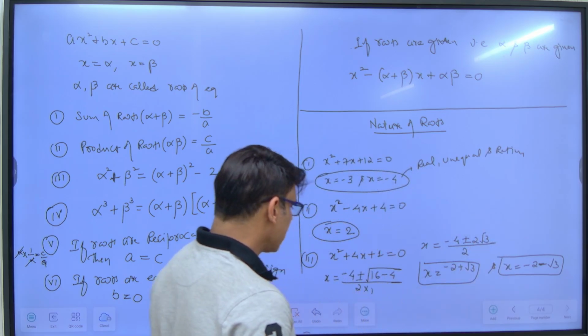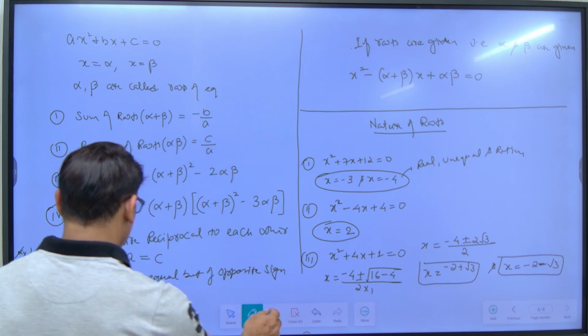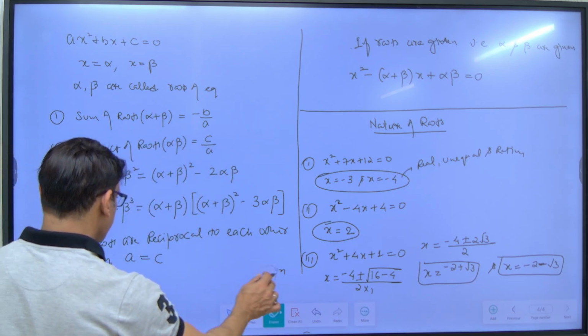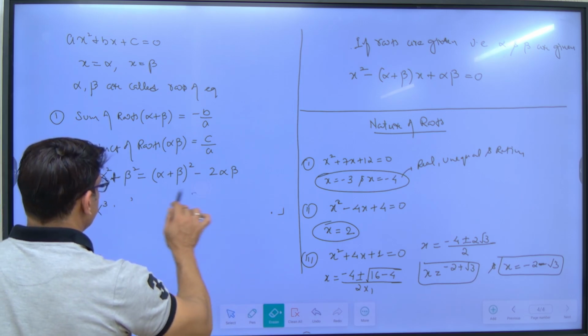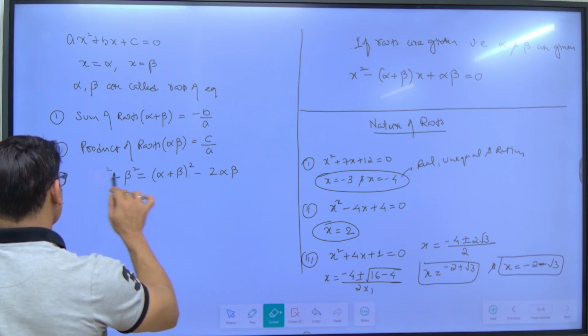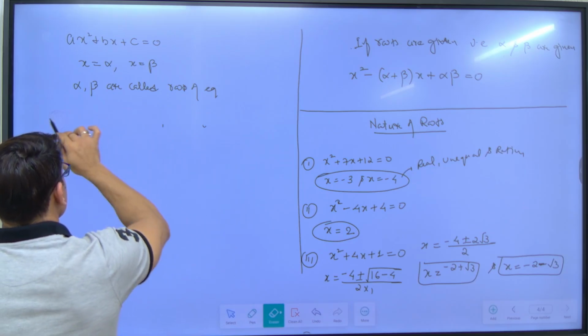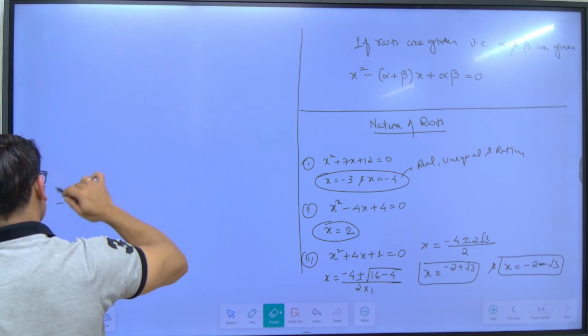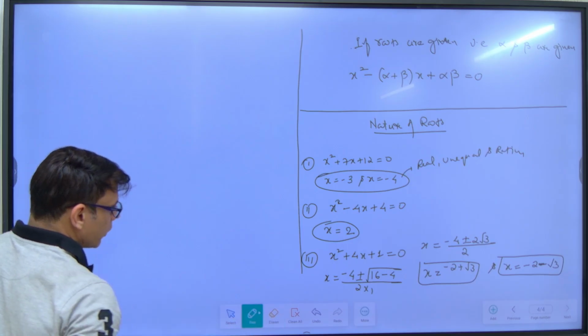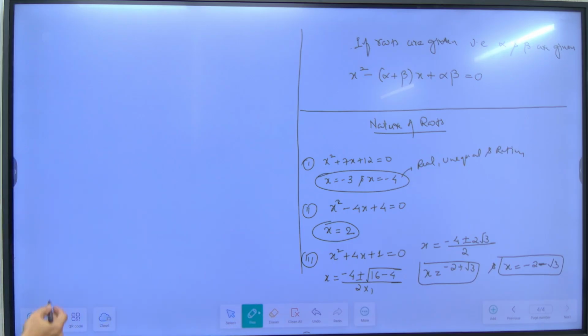So how we will come to know what kind of roots are we going to get?